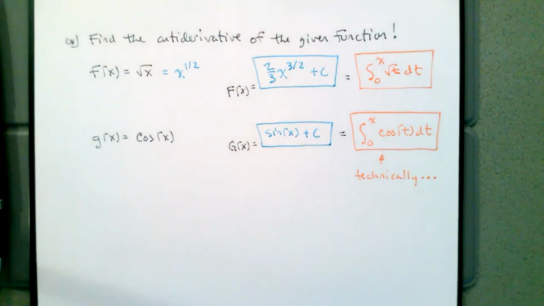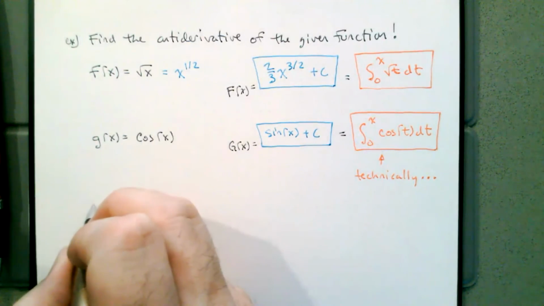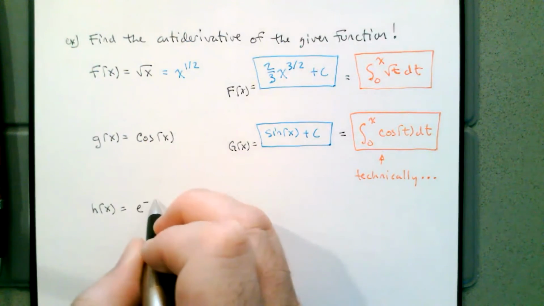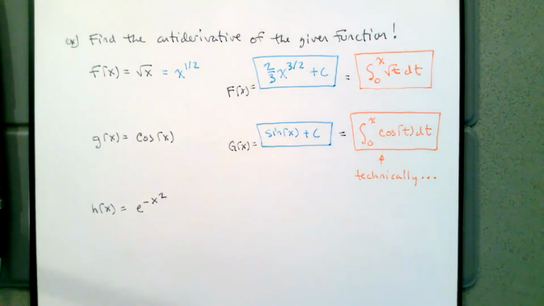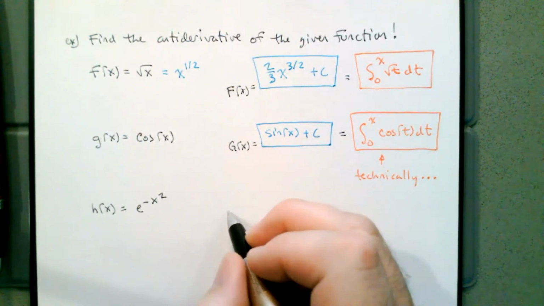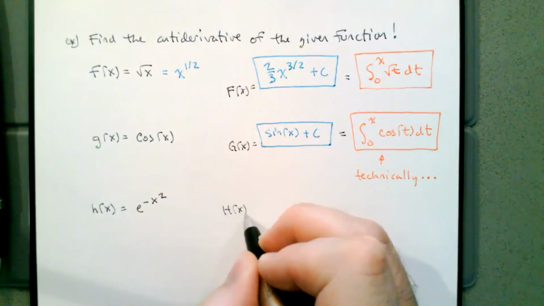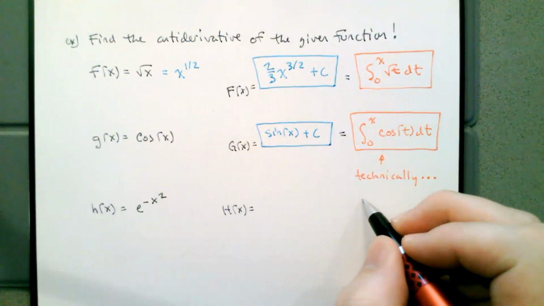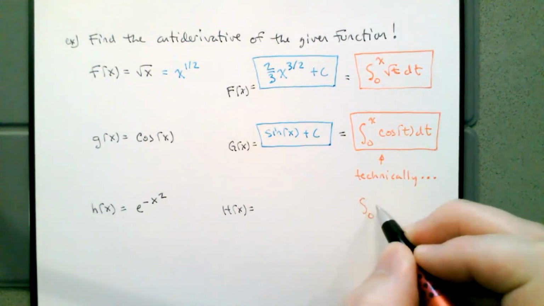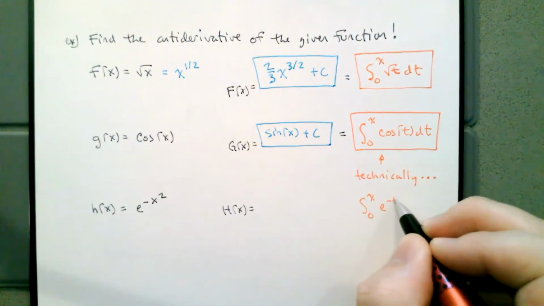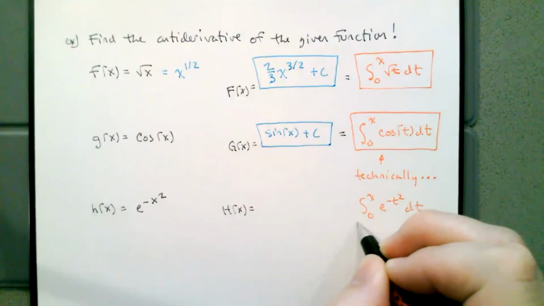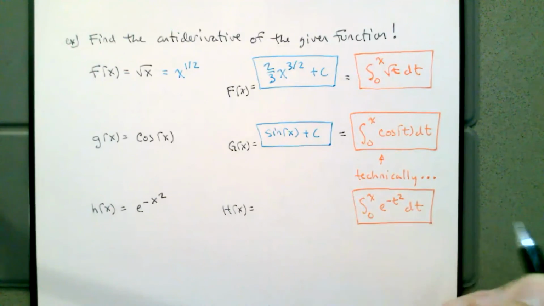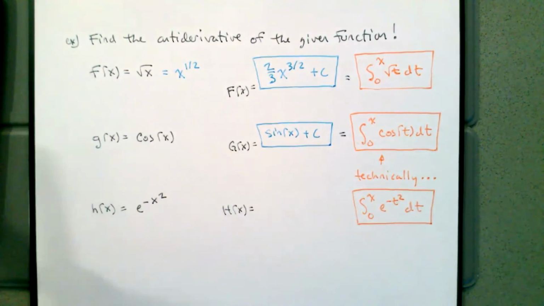So if I had a third function here, and I'm just going to use the same one that we had, e to the minus x squared. Well, if we go to find capital H of x, we would have to construct the antiderivative, because the function e to the minus x squared does not have a nice antiderivative.